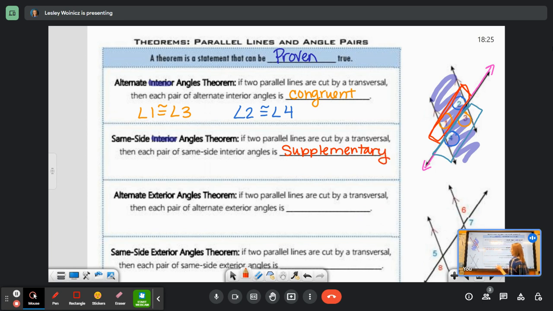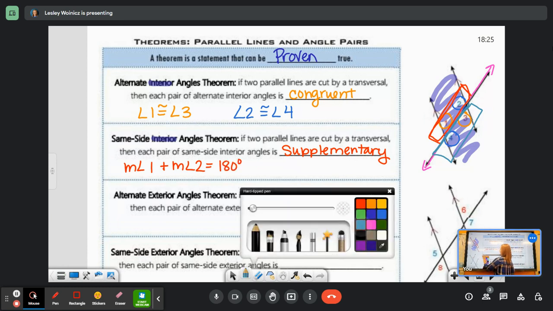And we know from the definition of supplementary that the measure of angle 1 plus the measure of angle 2 has to be 180 degrees.